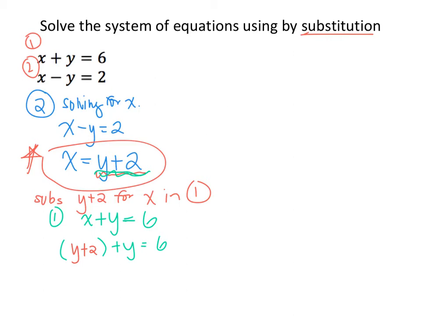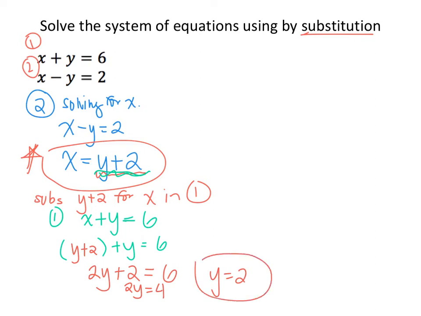So y plus 2 plus y is the same as 2y plus 2, because y plus y is 2y. So 2y plus 2 is equal to 6. Solving for y, I'll subtract 2 from both sides, so I'm left with 2y is equal to 4. Then I divide by 2, and I'm left with y is equal to 2.